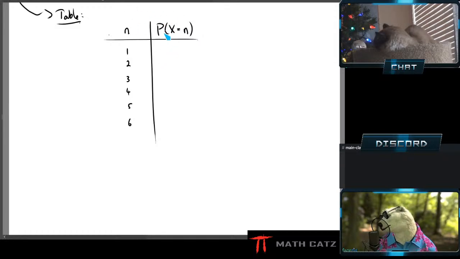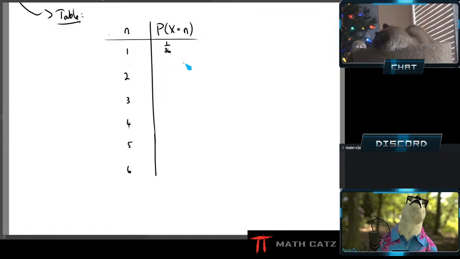We already saw the probability that x equals 1 is 1 over 36. I did not leave myself enough space because these are fractions and they need a little bit more space. Ah, hindsight. There we go. The probability that x equals 2 is the event that the largest number is a 2. We have already done it.